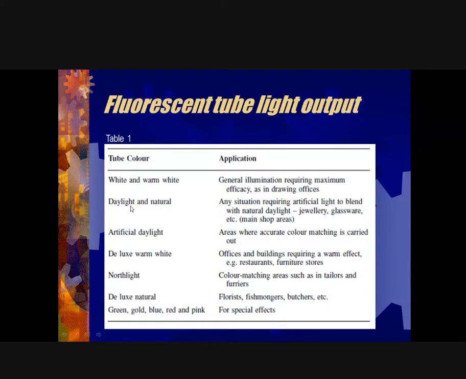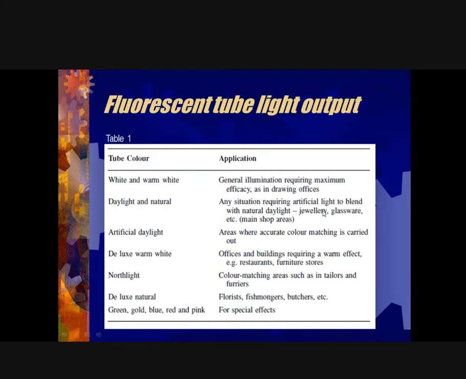When we talk about daylight, we are talking about natural type light. This can be utilized in any situation, basically, but it will mostly find application in jewelry and glassware, etc. This type of light will make your jewelry look nice.